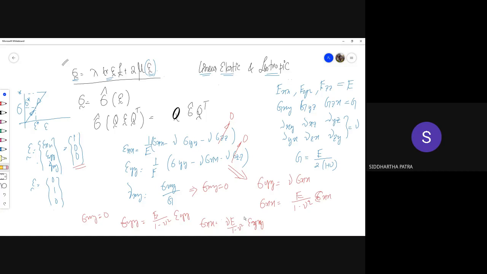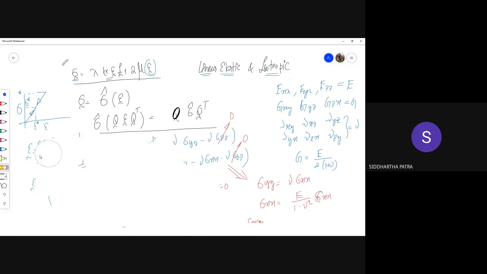So you can think of the entire strain matrix being rotated, and accordingly the stress matrix also being rotated, and that is the essence of isotropy. This expression, if proven true, should be able to prove the isotropy of the representation. So that's what we are going to do now.